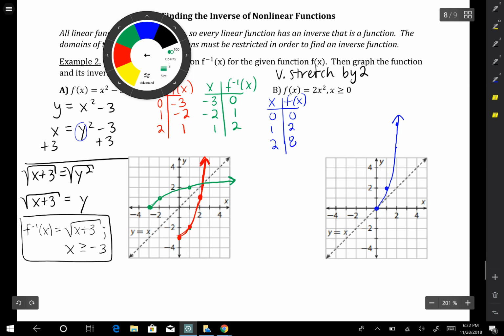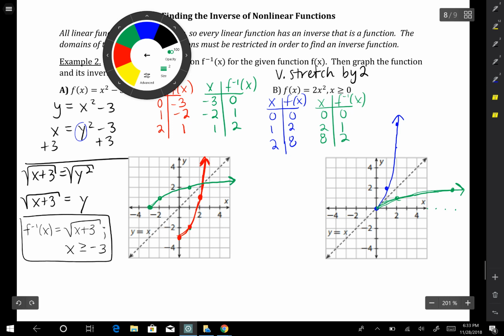And so the inverse is going to be at 0, 0, 2, 1, 8, 2. So 0, 0, 2, 1. Let's see, this would be 5, 6, 7, 8, up 2. Okay, so there's the inverse.